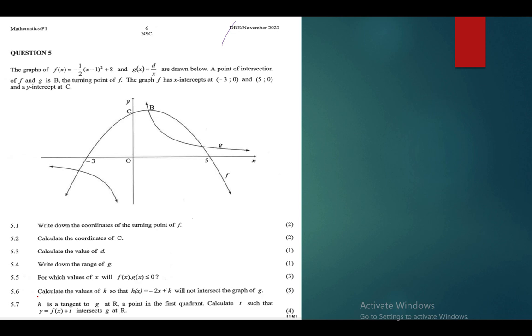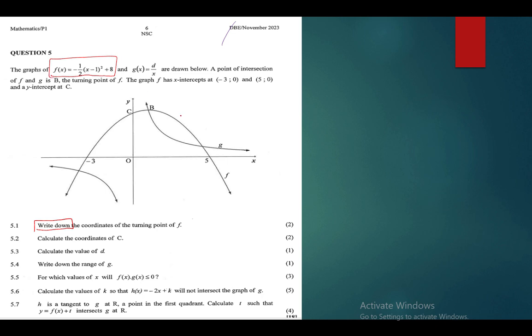The first question says, write down the coordinates of the turning point of F. The key words here are write down the coordinates of the turning point of F. It's very important to read your information in the exam, guys. They say the graph of f of x is this; this is the equation of the function f.